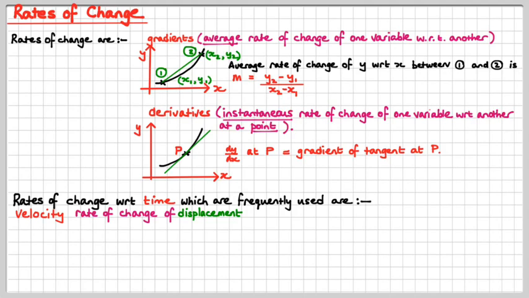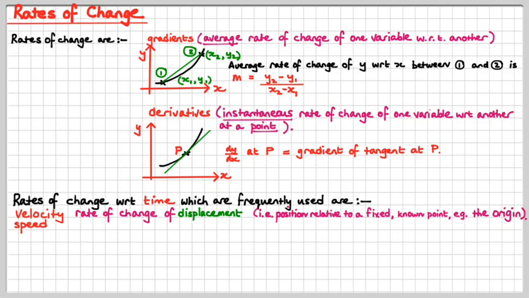If you had displacement as x, it would be dx/dt as an instantaneous rate of change of x with respect to t, or it would be (x2 minus x1) over (t2 minus t1) as an average rate of change between 2 points. You get what I'm saying, don't you? And the displacement, in case you're not sure, is the position relative to a fixed known point, e.g. the origin.